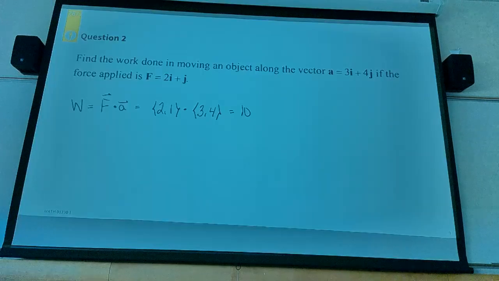Meters. What is the standard unit for force? Newtons. And what is the newton? The force required to accelerate 1 kilogram by 1 meter per second squared.